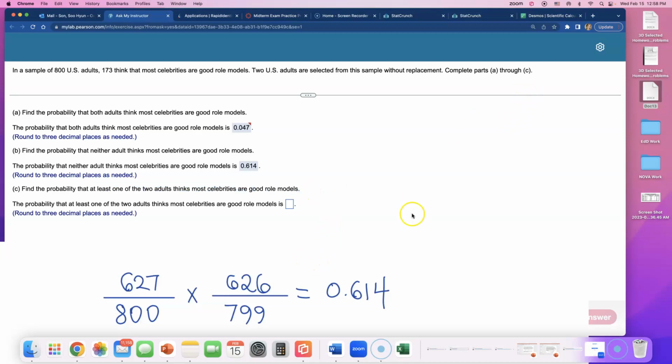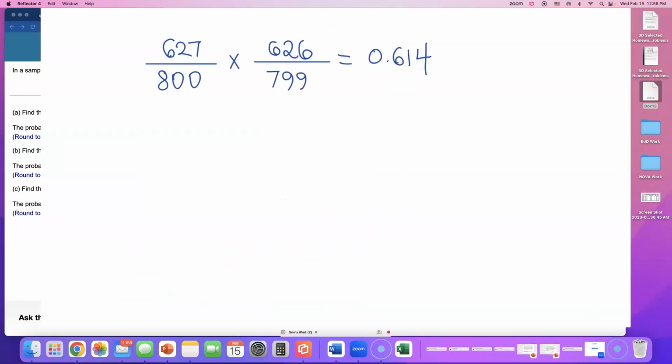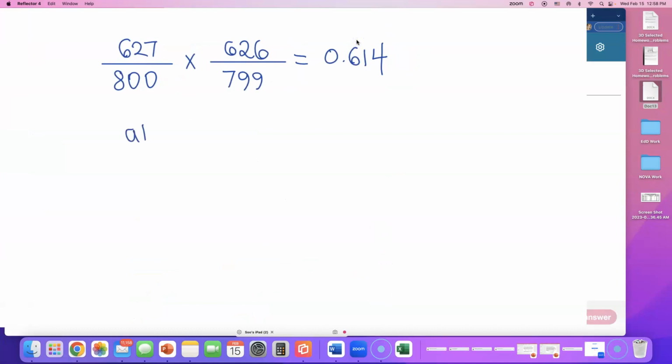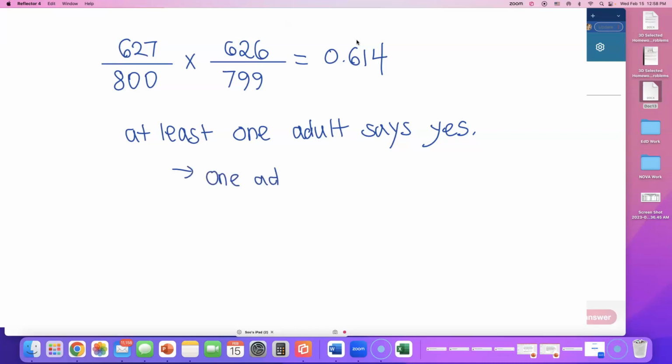Now, I think I'm going to have to use complement for this because when they said at least one adult says yes, that means one adult says yes, and or 2 adults say yes.